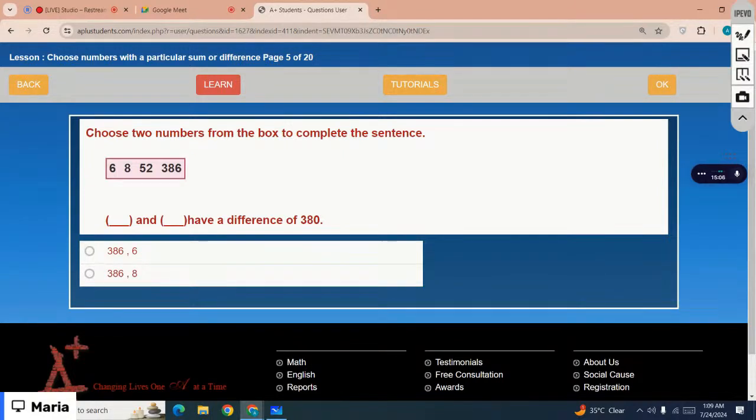Choose two numbers from the box to complete the sentence. Dash and dash have a difference of 380. So, which is the correct option?